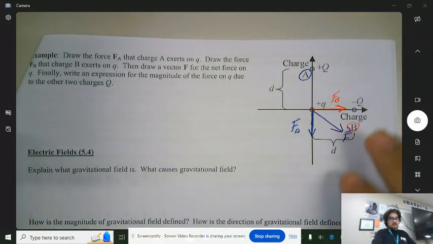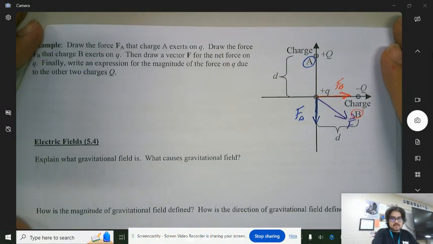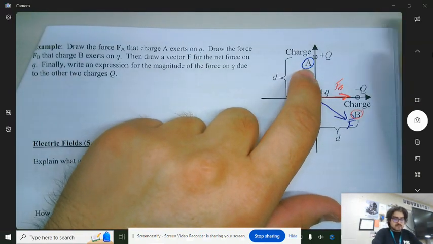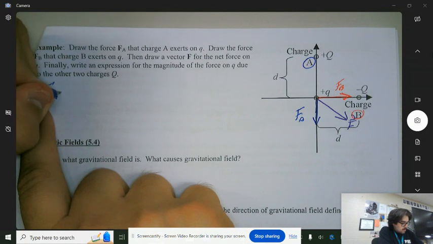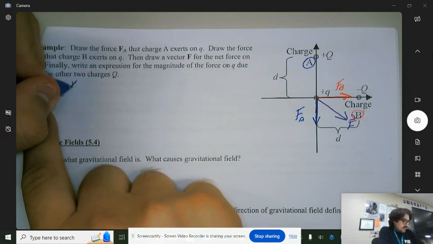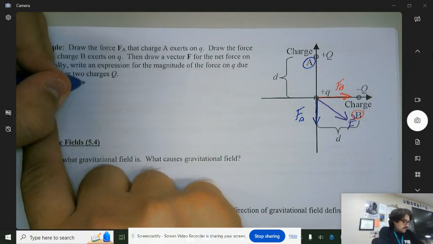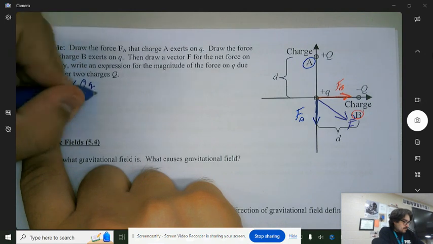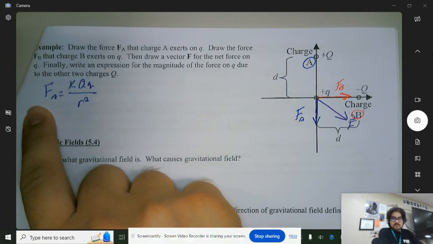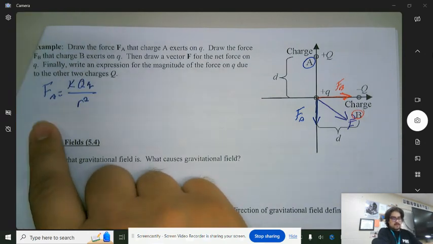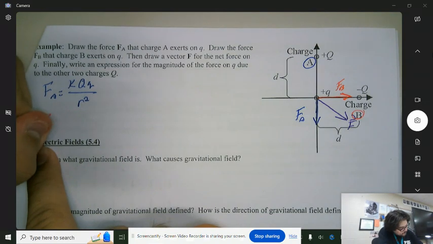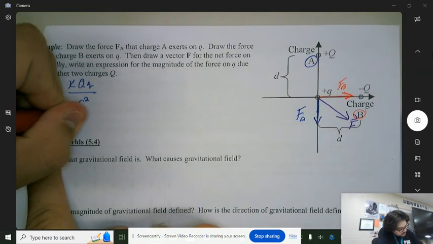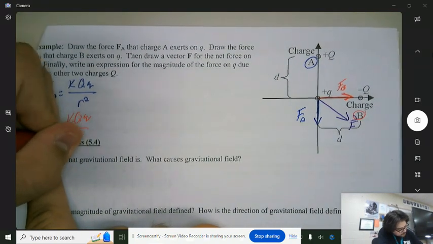What you should notice is that the force that A exerts should be K big Q little q over R squared. And then F sub B is also K big Q little q over R squared.